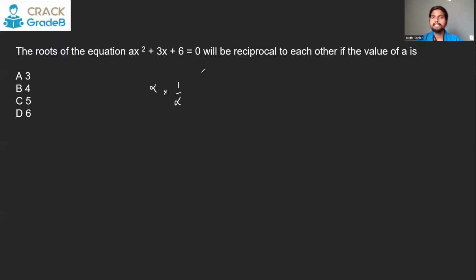So what is the product of roots in that case? Product of roots is alpha into 1 by alpha, which is going to be 1. So that means c upon a should be equal to 1. So 6 upon a should be equal to 1. The value of a is then going to be 6. That is a very easy question. So the answer is going to be 6 here.